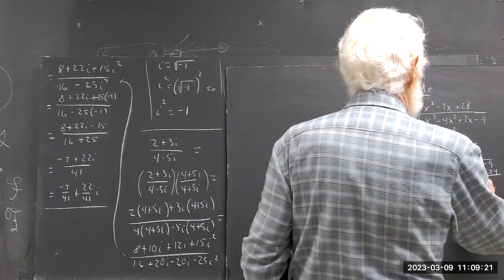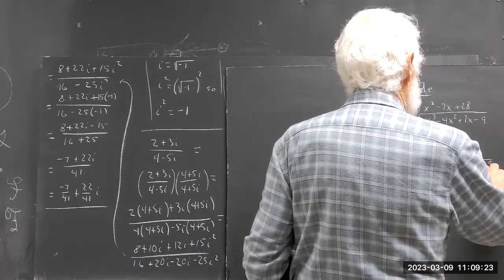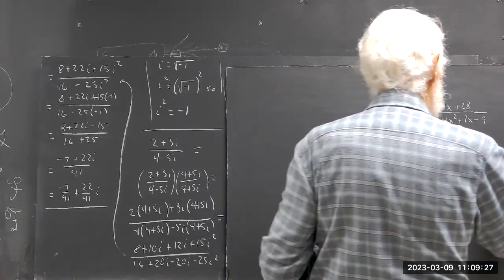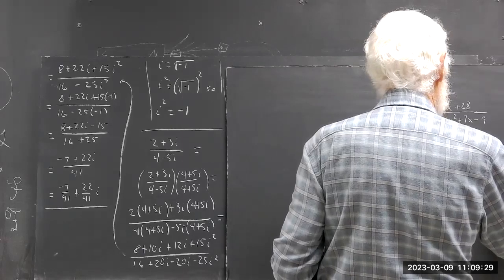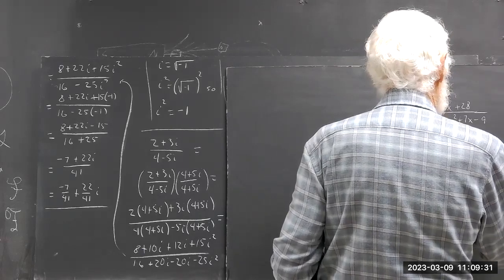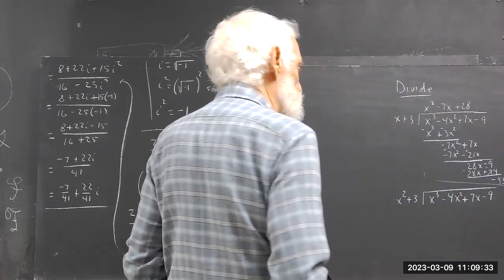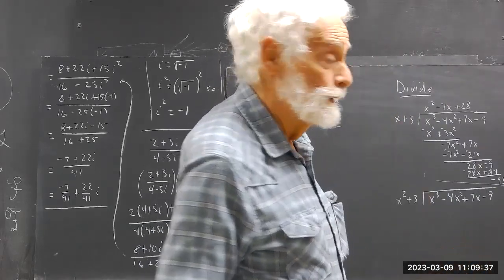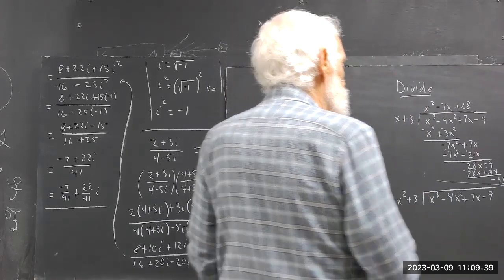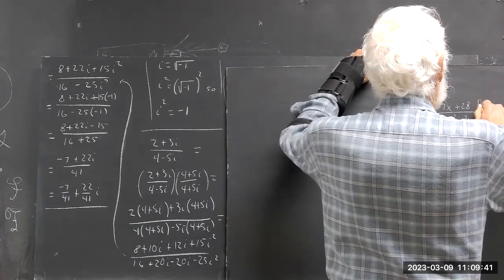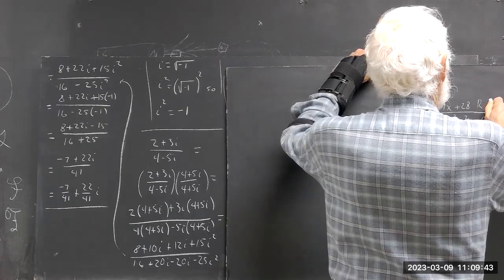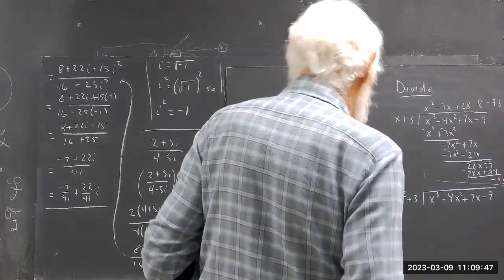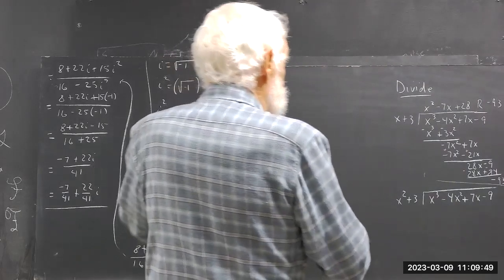And we note that we subtract, and we get minus 93. I almost had room to do that, but I should have given myself more room. Okay, so we could then say the remainder is minus 93.